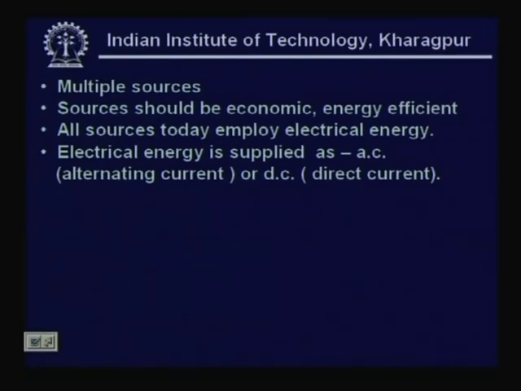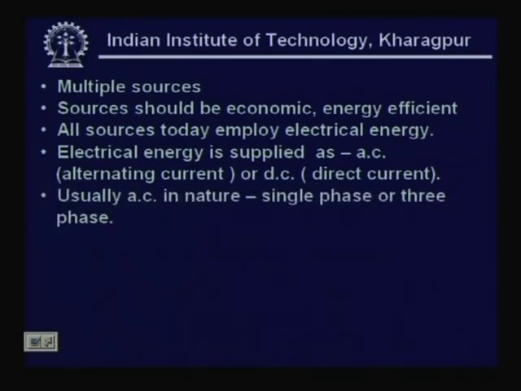As already learnt in basic courses, it could be in the form of alternating current, which cycles at a particular frequency, which is commonly 50 Hz in our country and most parts of Europe, and in few parts of North America is 60 Hz, or direct current.